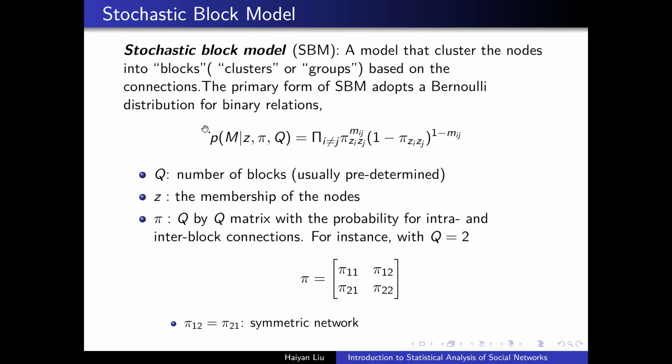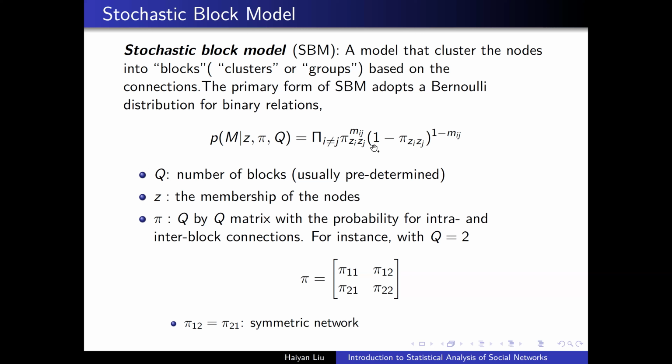The probability of the observed network equals the joint probability of each edge. So on the right side, we can notice that we multiply over all the pairs of nodes.